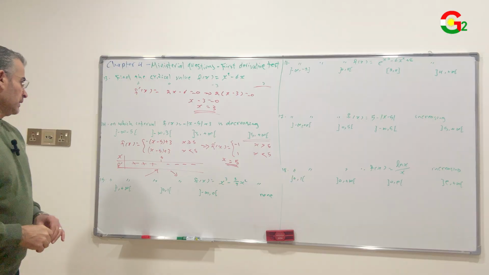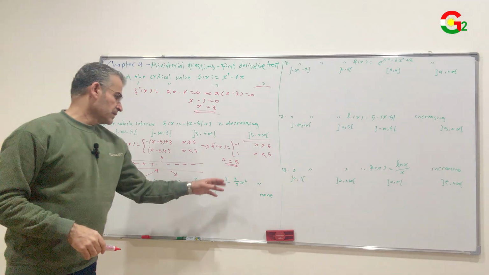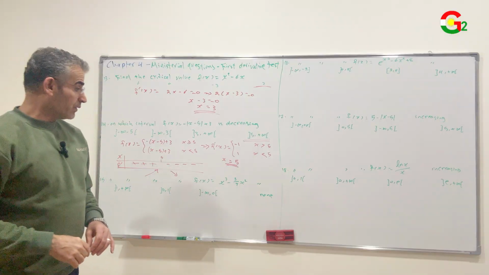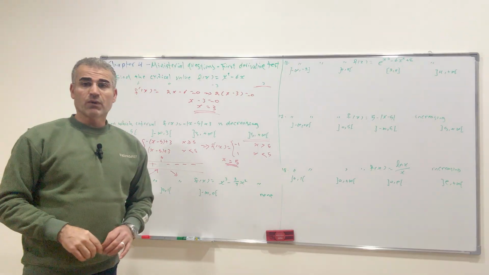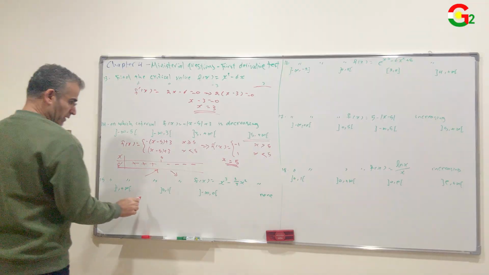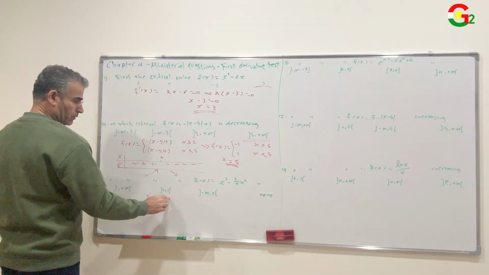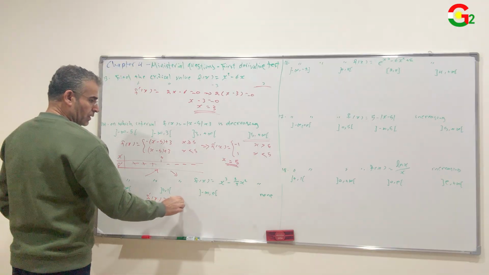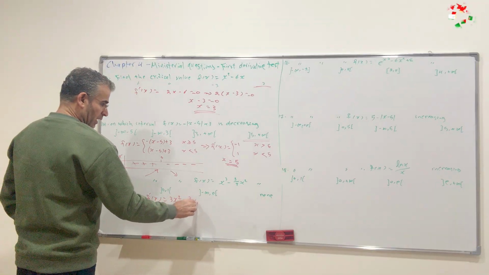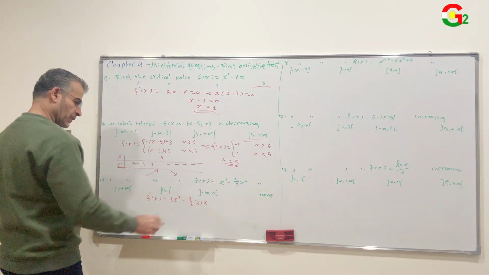Question number 15. On which interval is the function f of x equals x power 3 minus 3 over 2 x power 2 decreasing? Find the derivative of this function. f prime of x equals 3x power 2 minus 3 over 2 times 2 times x.